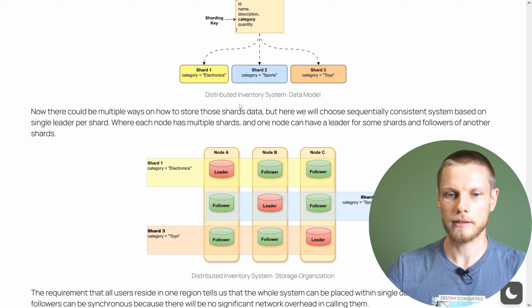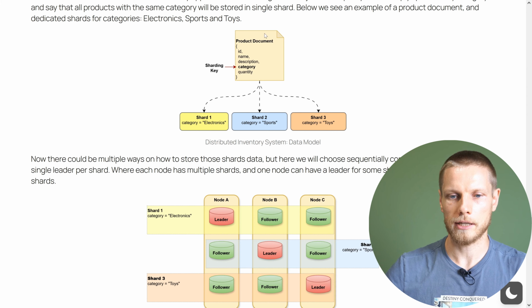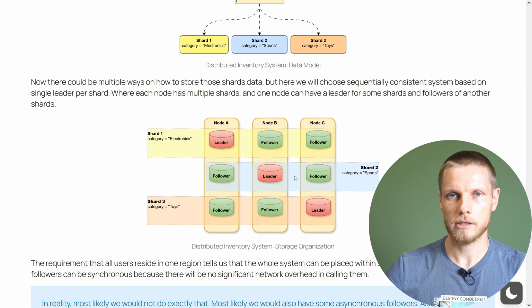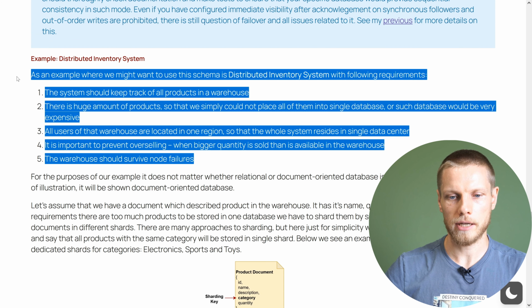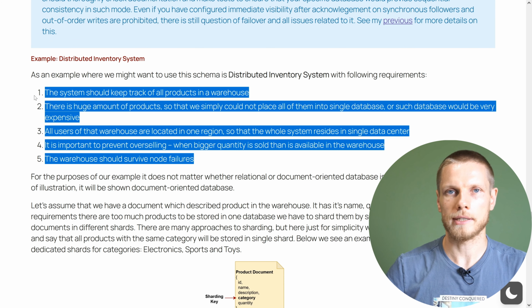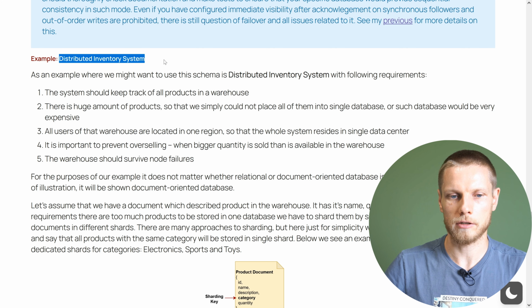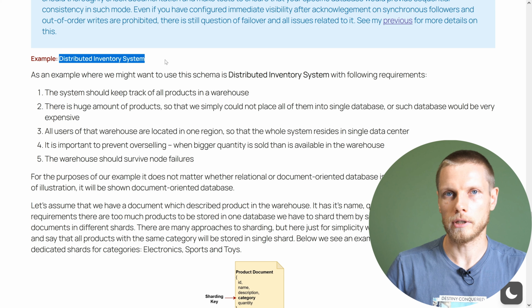So basically in such a system with such sharding and structure, all our requirements are satisfied, and we have an example of a leader-follower system with sequential consistency, which helps us build this distributed inventory system, which tracks products and prevents overselling.